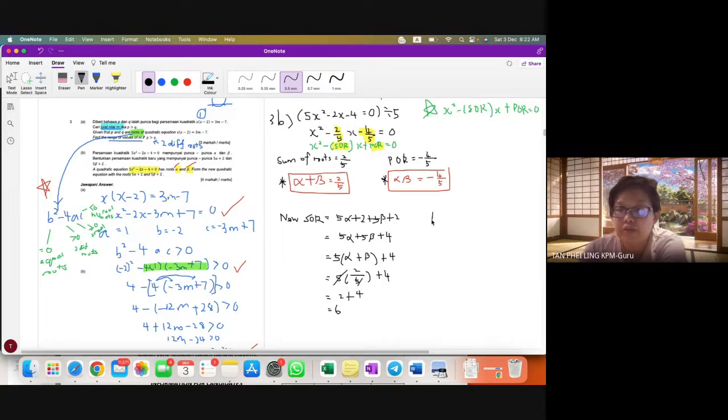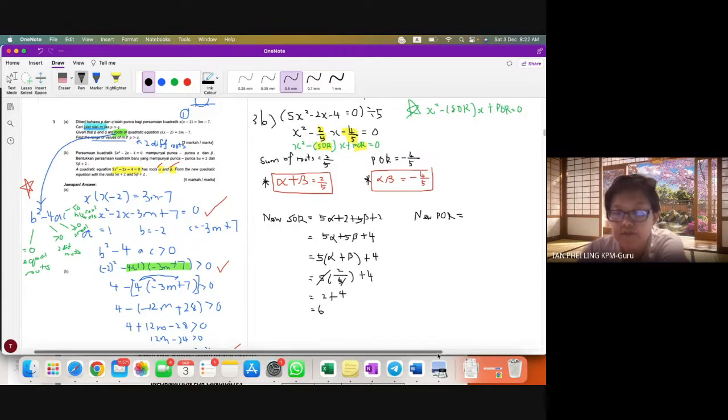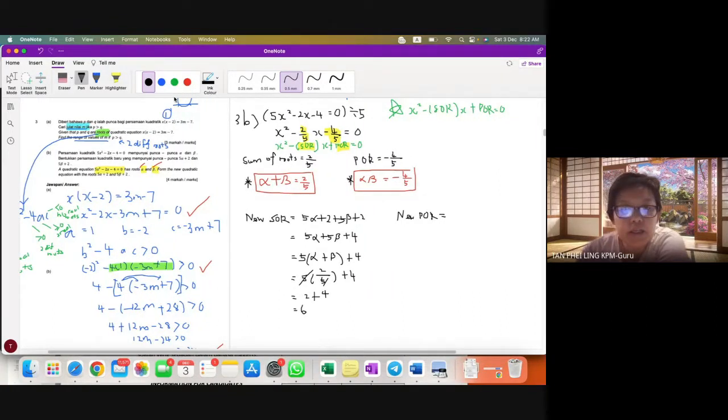And then you have your new POR also. So your new POR will be, wow, this one we have to do very carefully. We have 5 alpha plus 2, and you then have to expand and multiply with 5 beta plus 2.